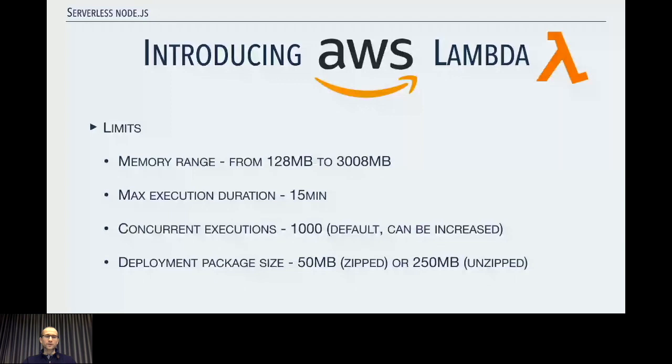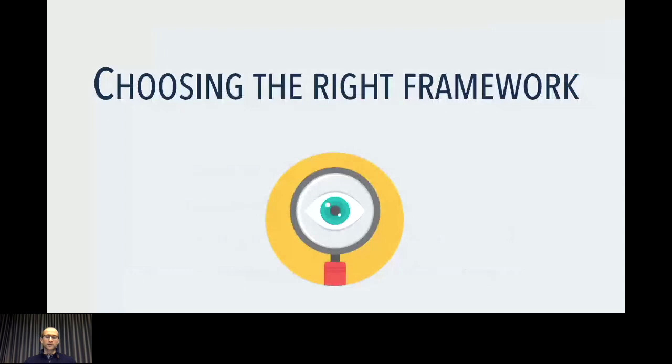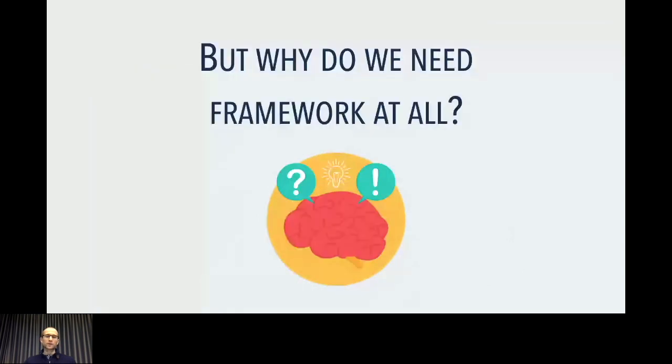Yeah, and right now, once we have chosen our provider, let's choose the proper framework. Some people might ask, why do we even need framework at all? Actually, there are a lot of pros of having a framework. One, which is very obvious, is that it actually automates a lot of things for us.